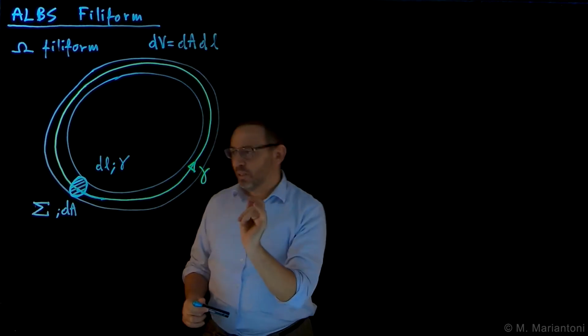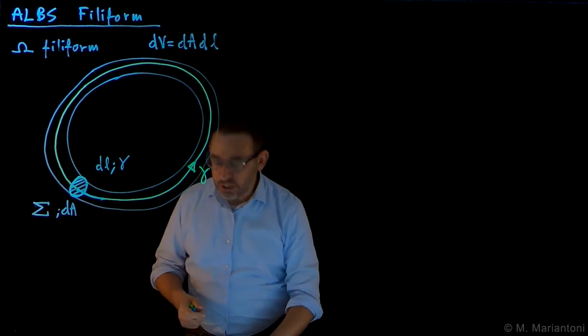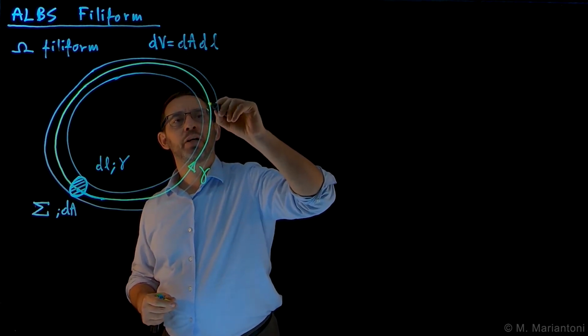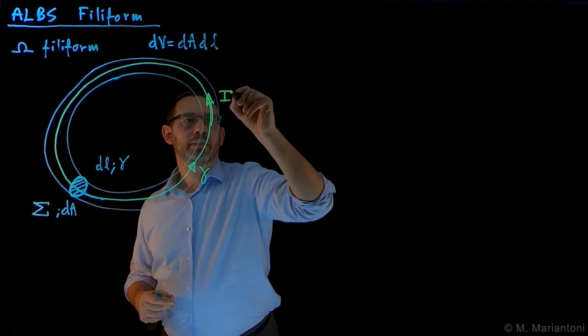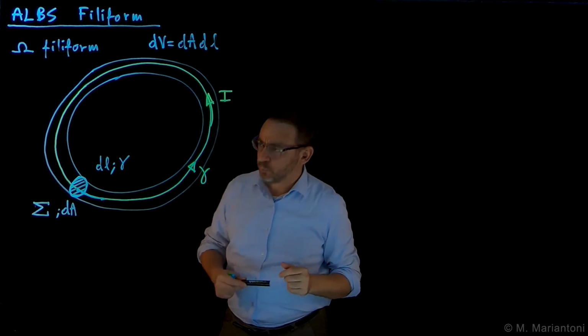Great. So now that we know that, let us say that there is a current, a static current, a DC current, which flows in this direction, carried by this wire. This is a static current I along gamma in this wire omega.